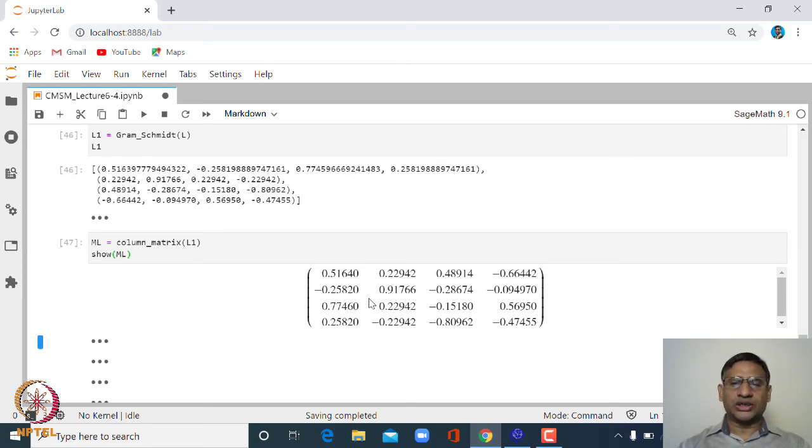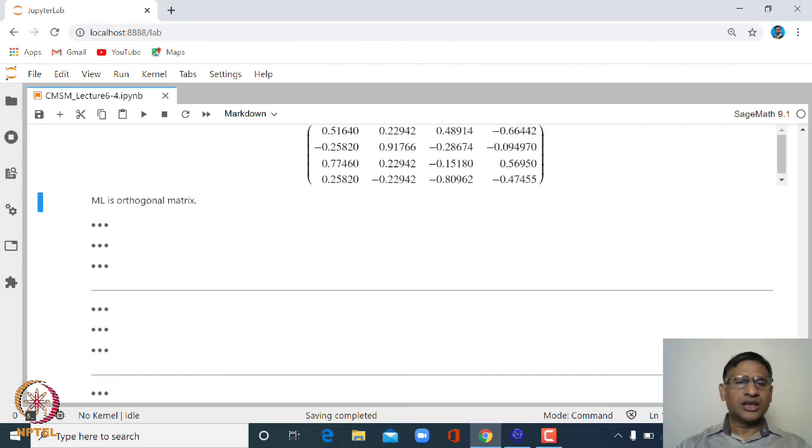And in case you have an orthogonal matrix, if you multiply that matrix with its transpose, you will get the identity matrix. So of course this should be a square matrix here. Right. So let us check that.